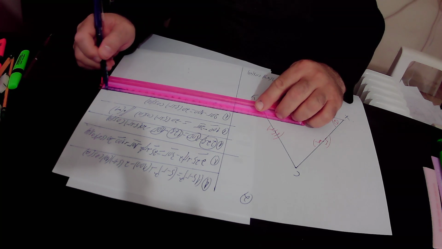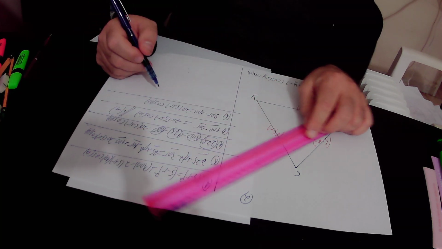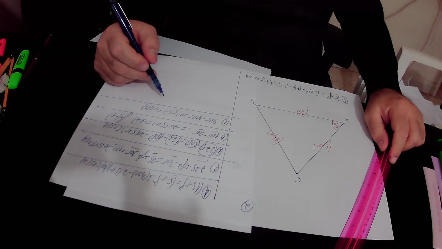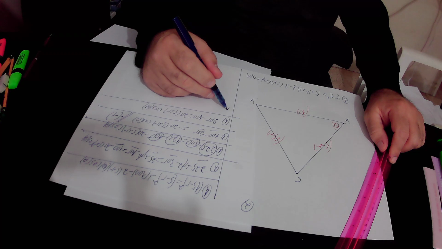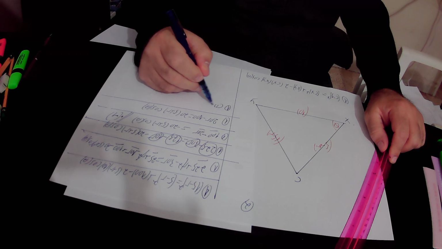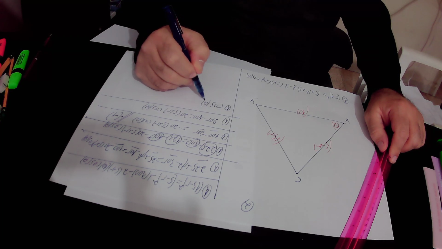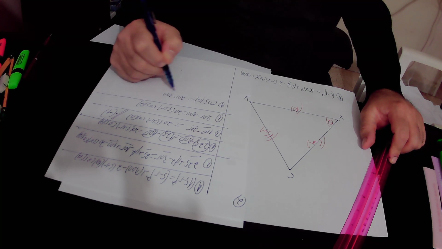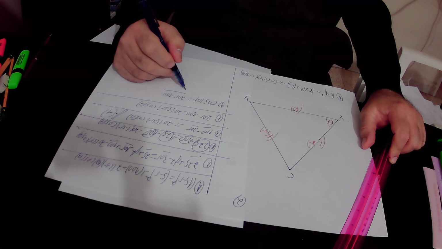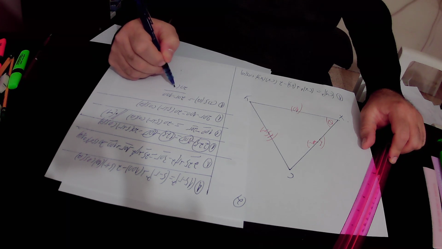Here we will divide equation number 1 by 20 times (5 plus r), and we will get that according to equation number 1, cosine theta equals 20r minus 100 over 20 times (5 plus r).